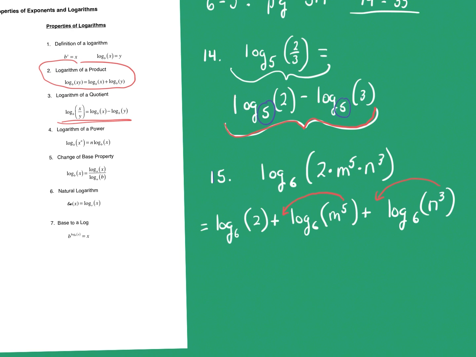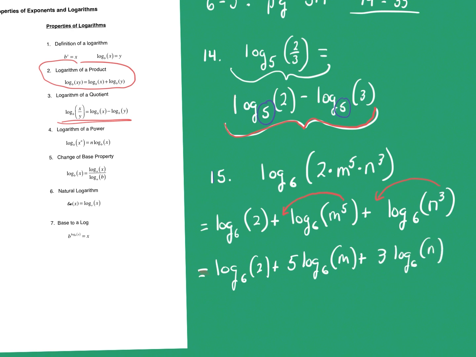So I'm going to do that, and this is going to become log 6 of 2 plus 5 times log 6 of m plus 3 log 6 of n.